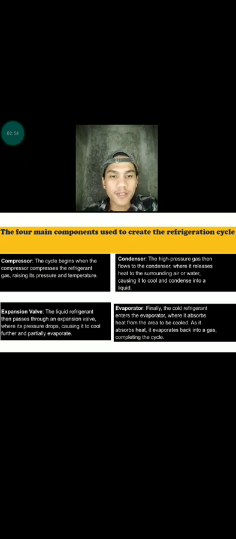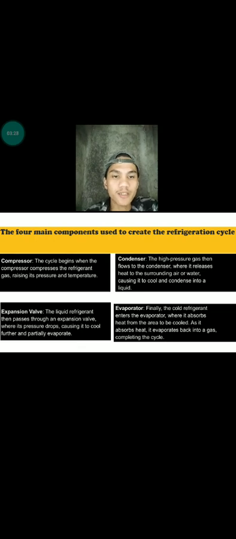The second is the condenser. The higher pressure gas then flows to the condenser where it releases heat to the surrounding air or water, using it to cool and condense into a liquid. So third is the expansion valve. The liquid refrigerant then passes through the expansion valve where its pressure drops, causing it to cool further and partially evaporate.